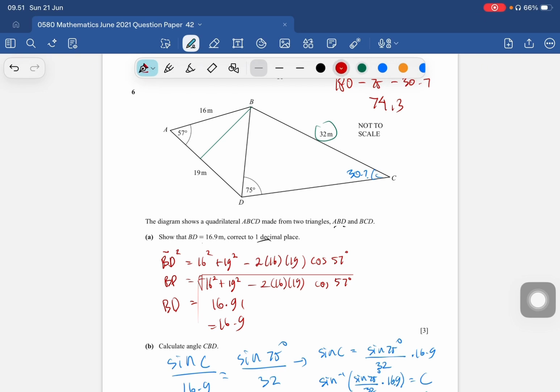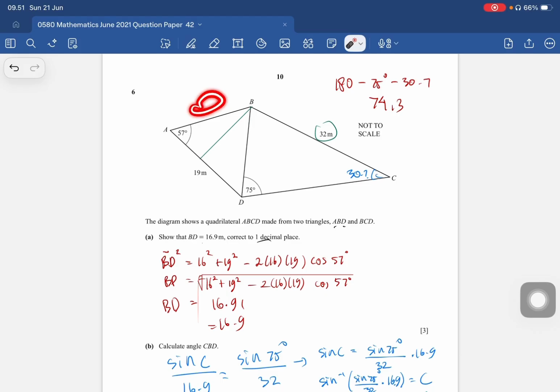Okay, we got the angle. Here is 16, we don't know yet. And then we got sin of 57.